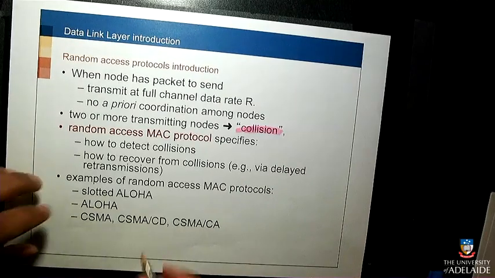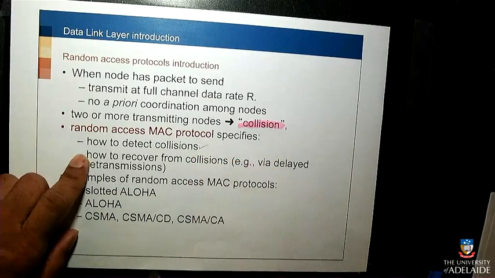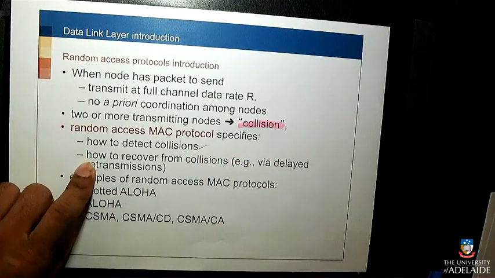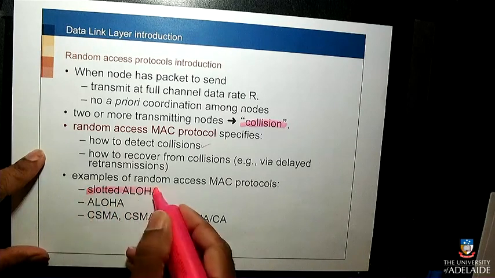First, you need to detect, one way is to detect collisions, and then when there's a collision, you abort, stop, try again. And the other one is avoid collisions, right? Try to avoid collisions from happening in the first place. So examples of random access protocols we're going to look at are especially slotted aloha. It's a classic protocol.